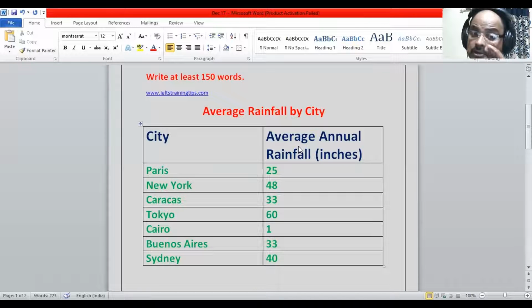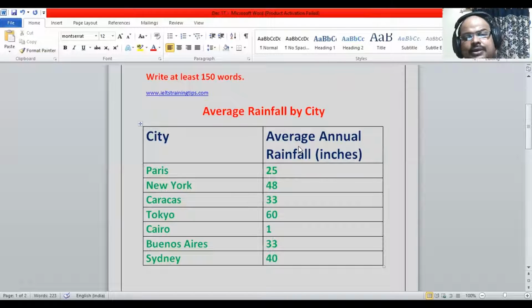So what we are going to do is that we are comparing the major cities, the cities which receive the major rainfall. So we have Tokyo, New York, and Sydney as the cities which receive a higher quantity of rainfall.